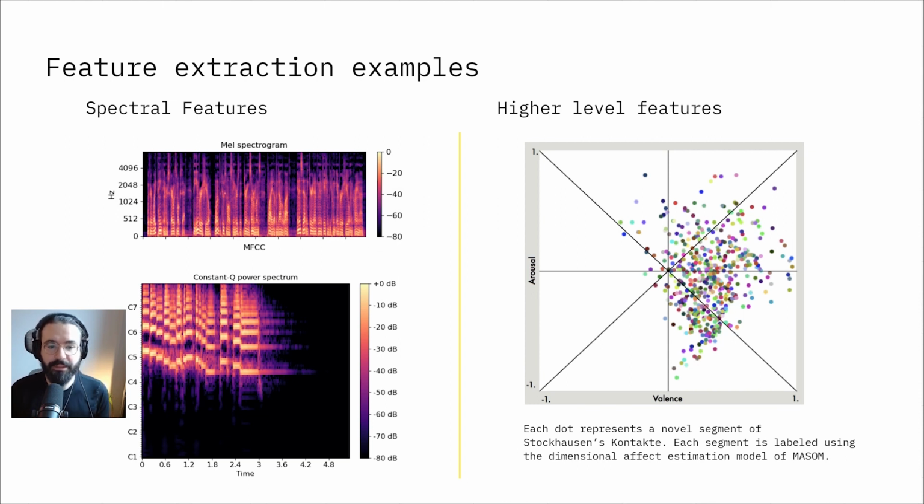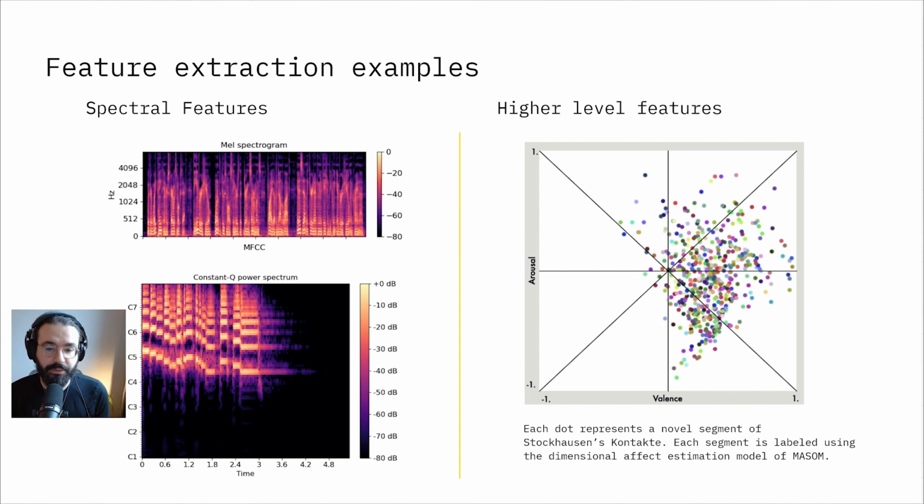For example, on the right here, we see a representation of audio samples from Stockhausen's composition titled Contact. Here in this image on the right, each segment is labeled on a two-dimensional affect estimation model. In this model, we have arousal and valence.